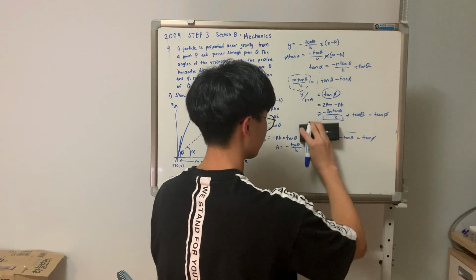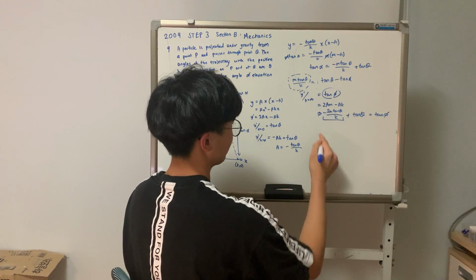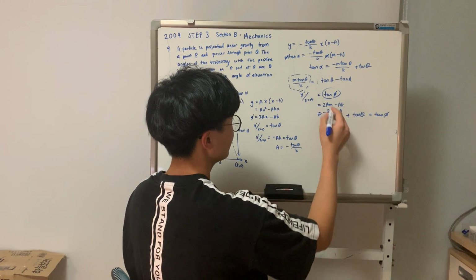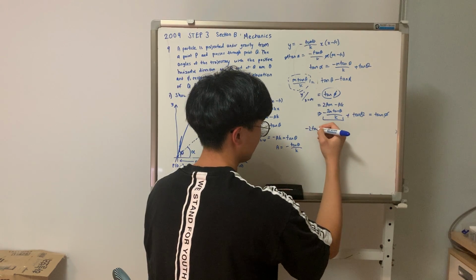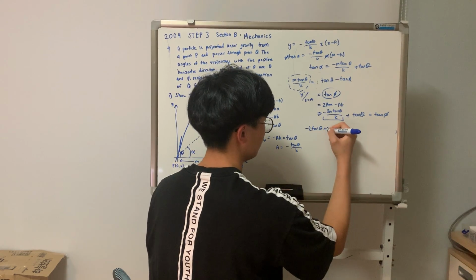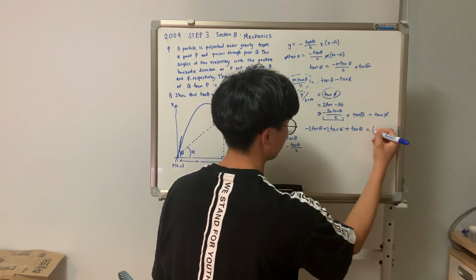So in this expression, with the same logic, we could say that this here is minus 2 times this expression over here. So we get minus 2 tangent theta plus 2 tangent alpha plus tangent theta is equal to tangent phi.